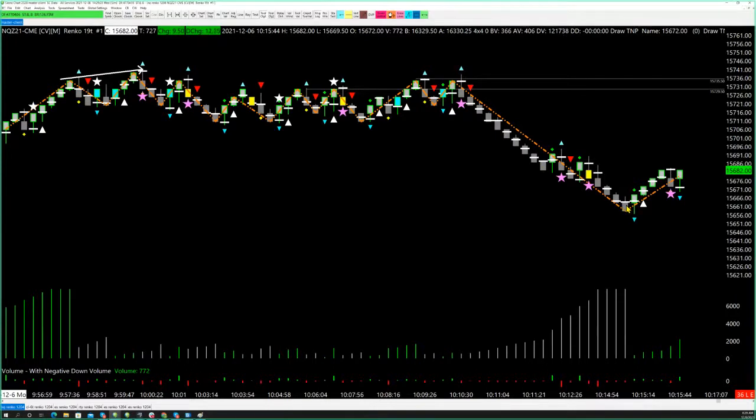So there's two sides to playing that. It really doesn't matter which way you trade it. They both are effective. You do have to sort it out in your brain which way you're going to trade it.